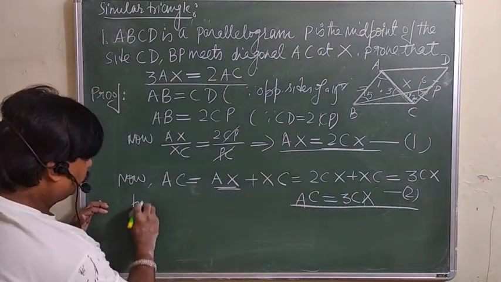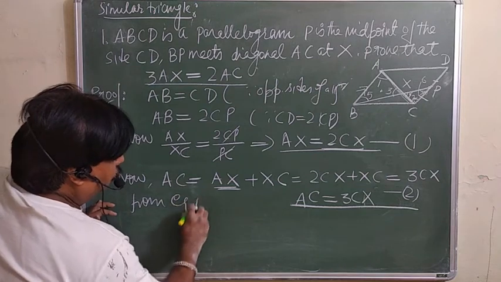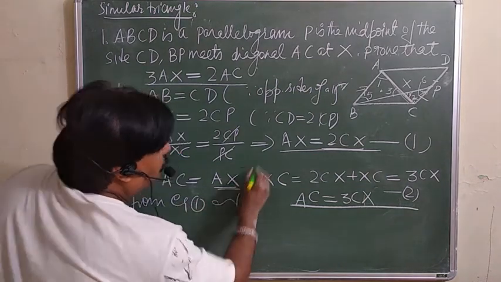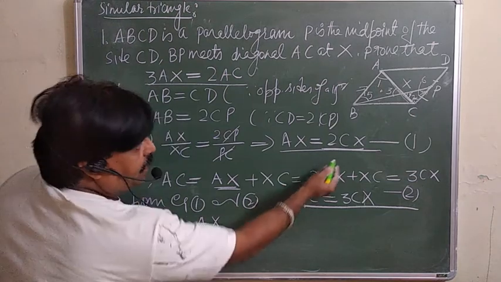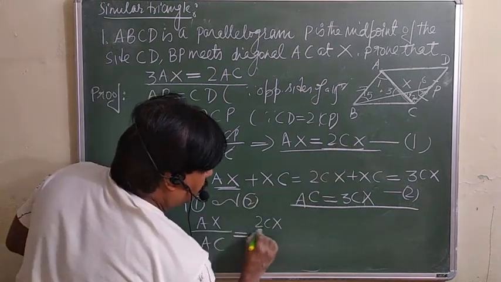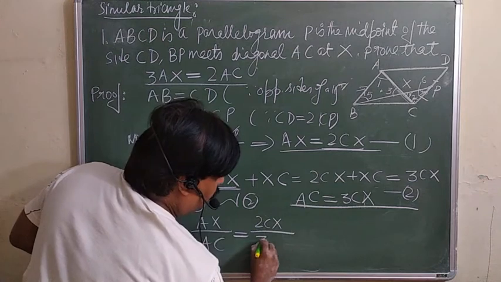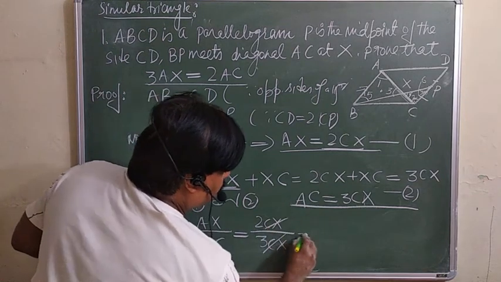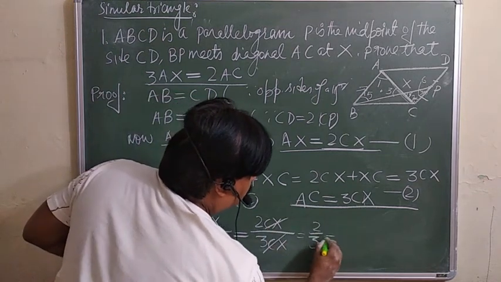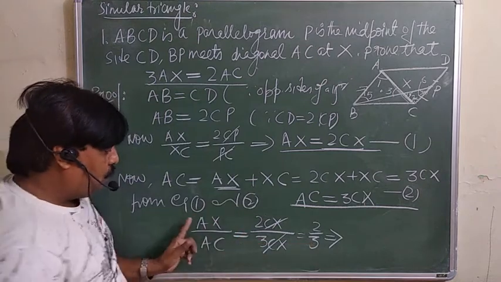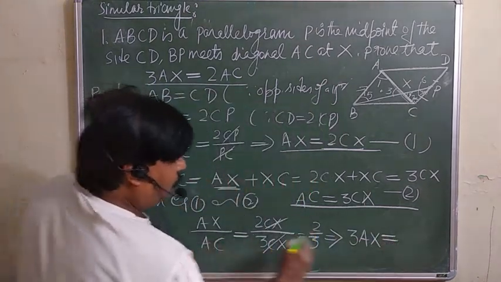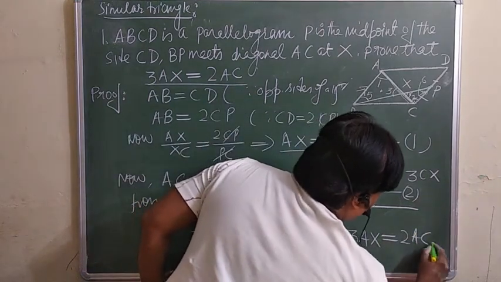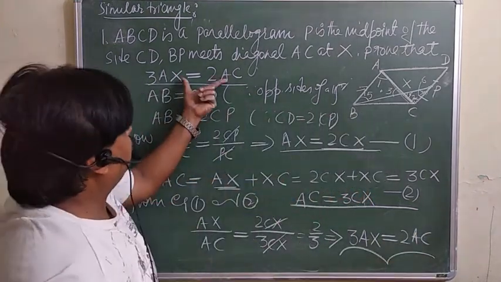So from equation 1 and 2 you can write down AX over AC is equal to, AX is 2CX, AC is 3CX. You can cancel, so this is 2 over 3. So you can do the cross multiplication. 3 into AX is equal to 2 into AC, which we wanted to prove.